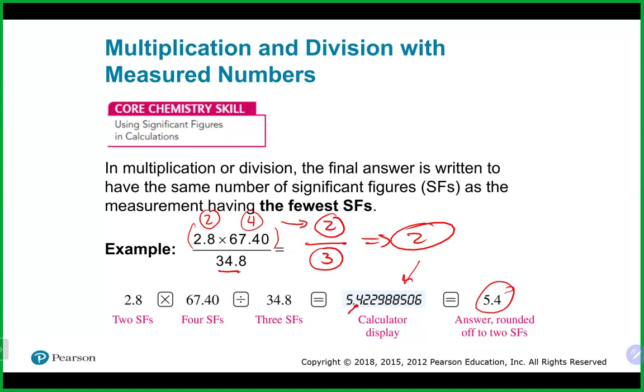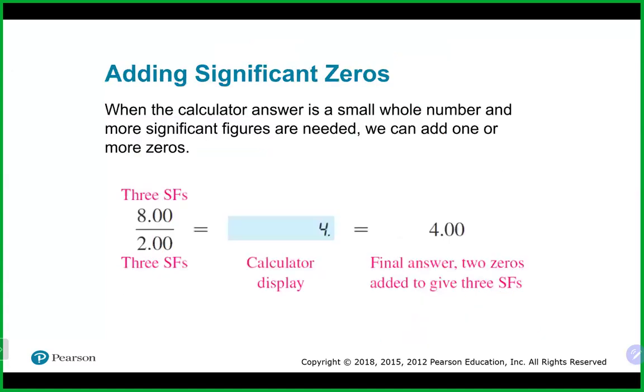Too many. All right. Adding significant zeros. So once again here, we got 3 significant figures. We got 3 significant figures. We're dividing, which means, again, our calculator does not always spit out the right number of significant figures. This is only 1 sig fig here.